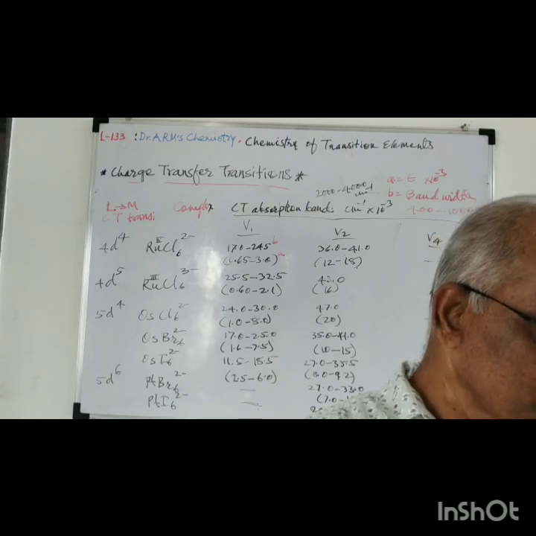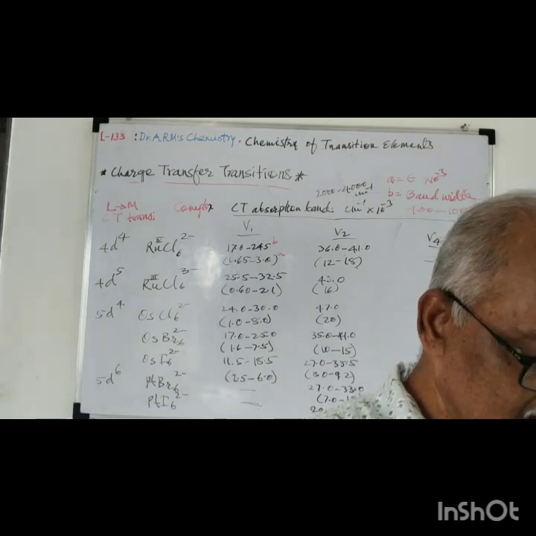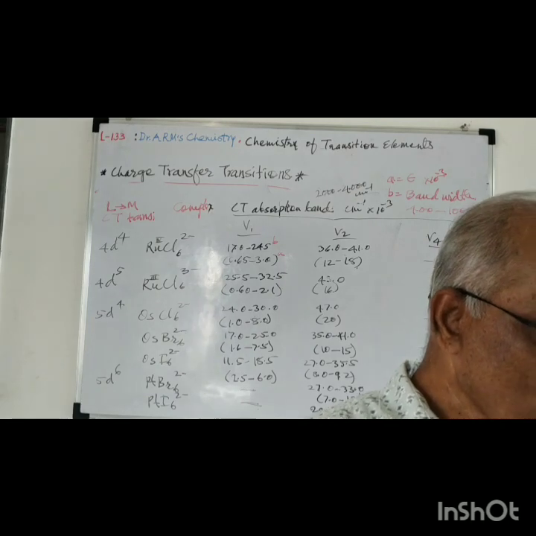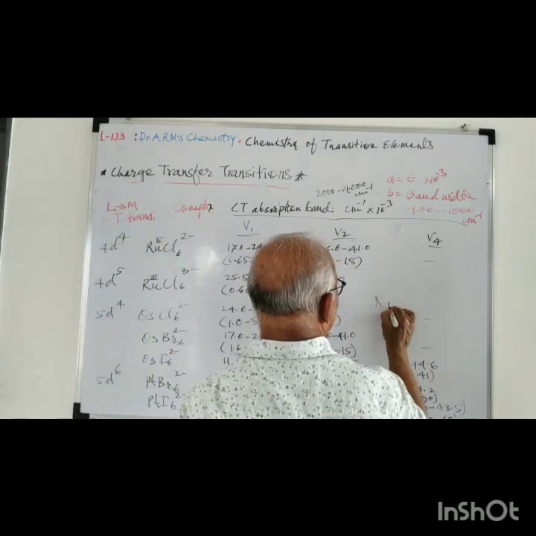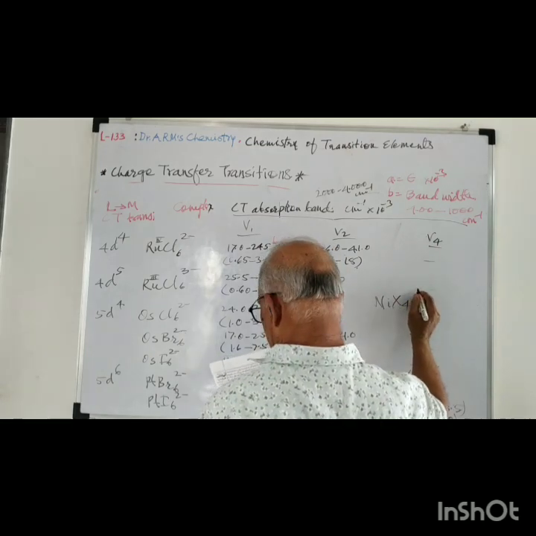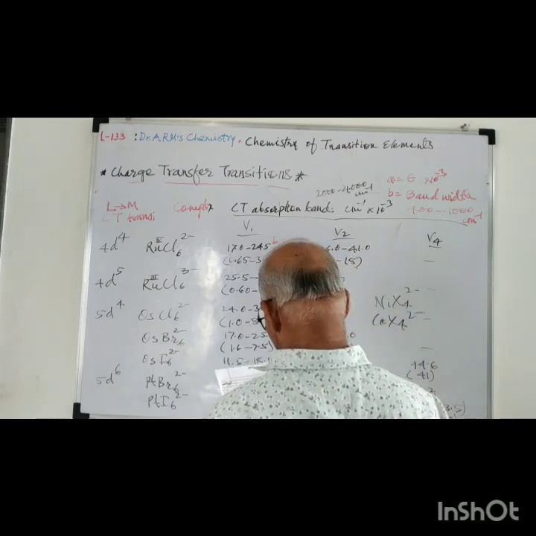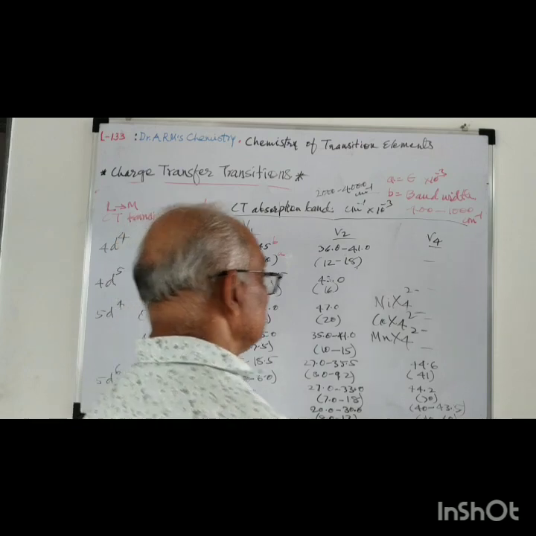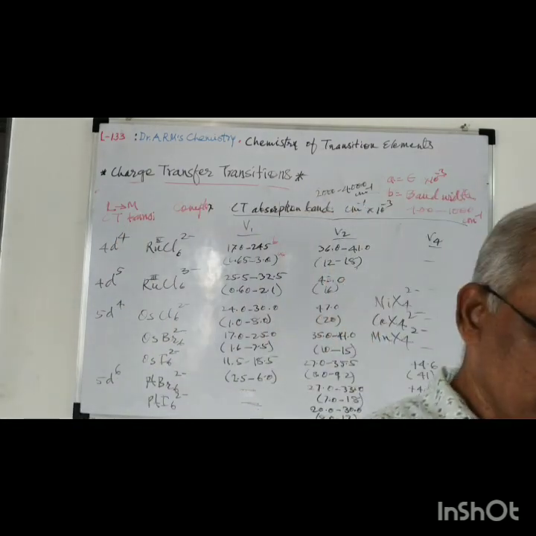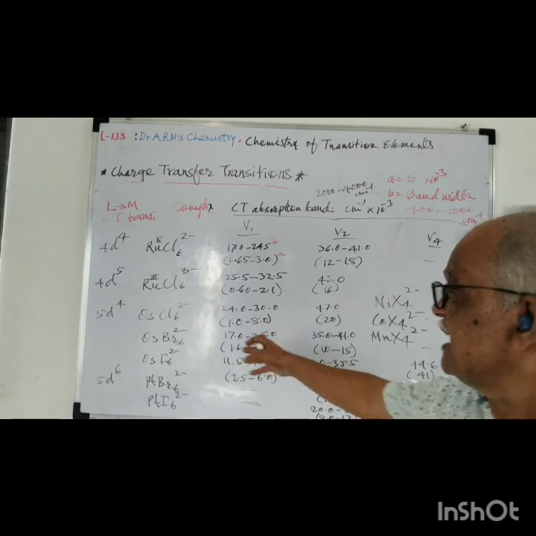If we see the transitions in other examples, that is ligand to metal type of transition in, say, a tetrahedral complex, you will find that in the case of NiX4 2 minus, CoX4 2 minus and MnX4 2 minus, these will show the charge transfer transitions, which are observed and assigned in much the same way as in the octahedral complexes.